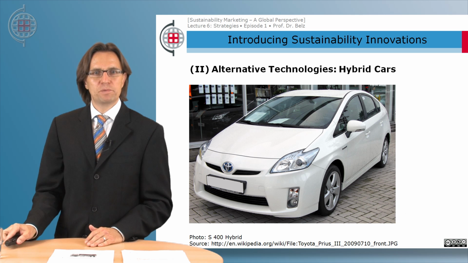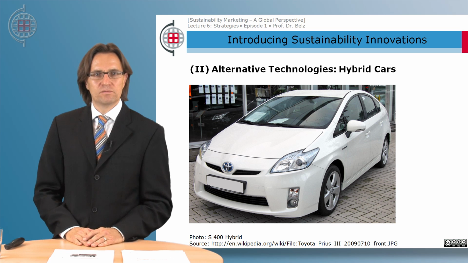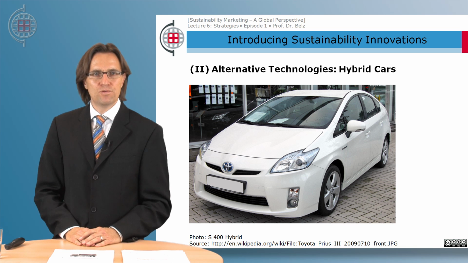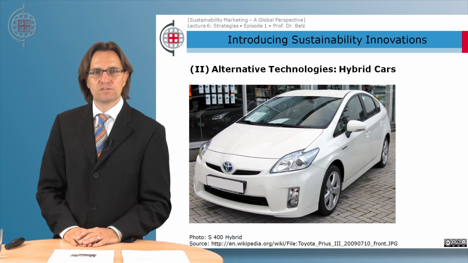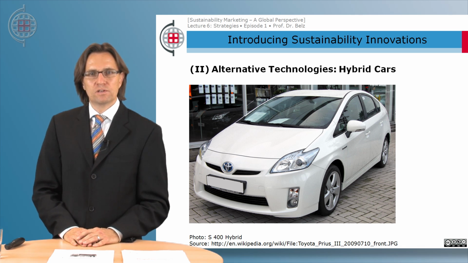The second type would be alternative technologies. Especially in the car industry, we have a lot of new alternative technologies coming up. Hybrid cars like the Toyota Prius were introduced 12 years ago, in 2000.